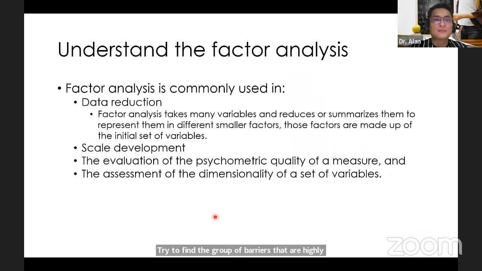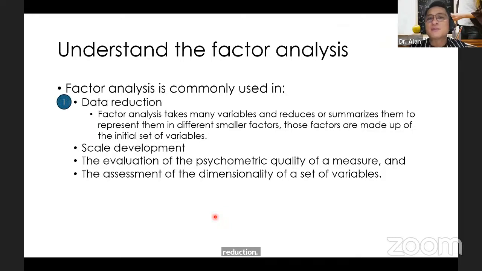Now, to understand factor analysis better, we need to know why we use it. Normally, factor analysis is commonly used for, first, data reduction. Factor analysis takes many variables and reduces or summarizes them to represent them in different, smaller factors. And those factors are made up of the initial sets of variables.